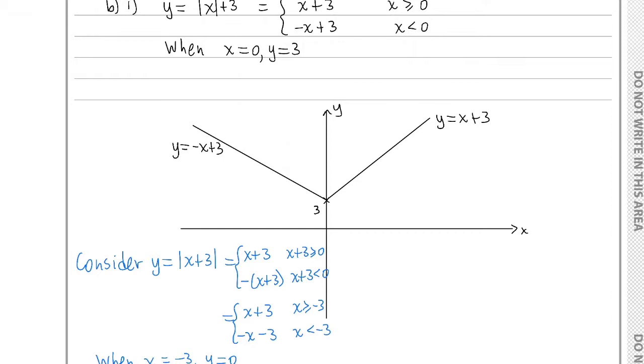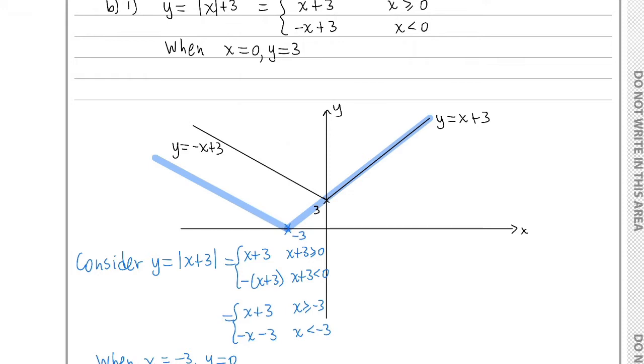this second graph matches the y is x plus 3. So it's going to be something like this. Okay. And this will be minus x minus 3. So it's going to be parallel. The vertex is here at minus 3.